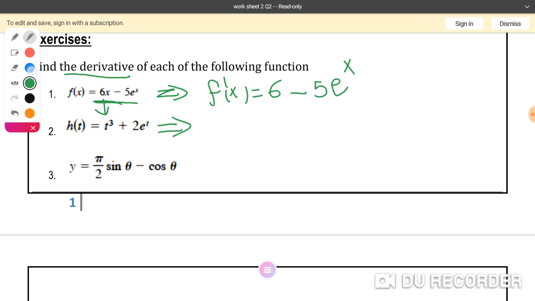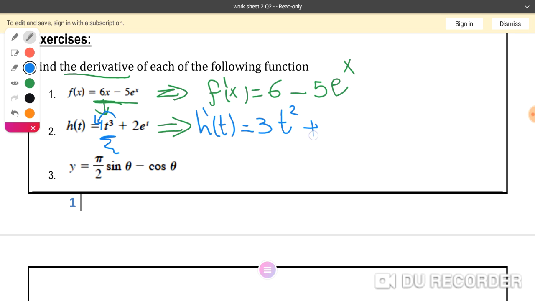What is the derivative of h? What is the derivative of this one? For t cubed, just apply the power rule. Without the rule, you don't know how to find the answer. The number multiplied by the coefficient 1 will be 3t to power 2, decreasing the exponent by 1.